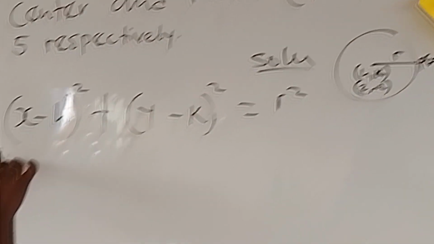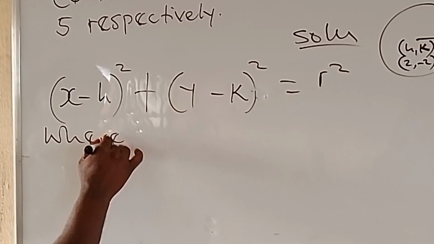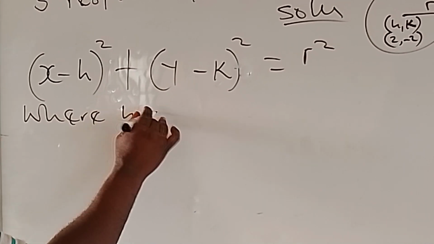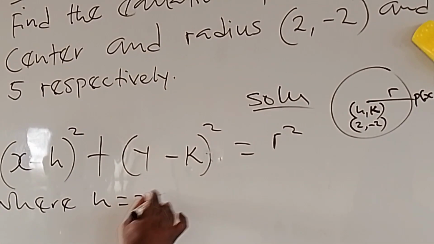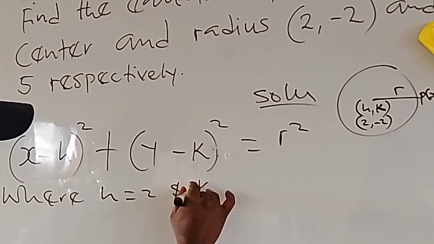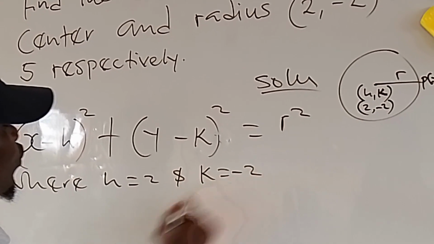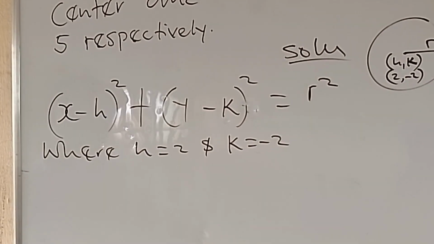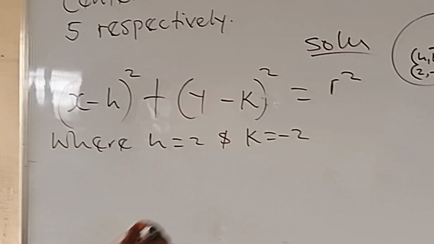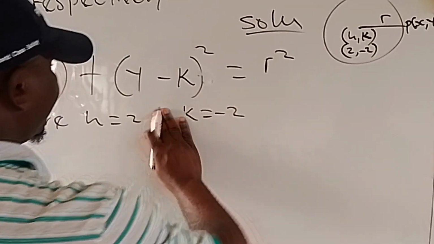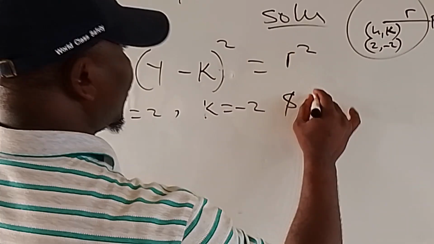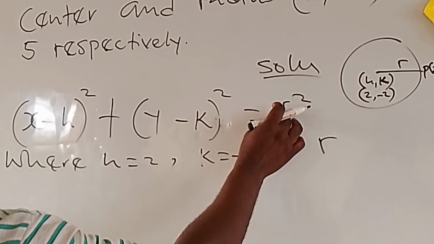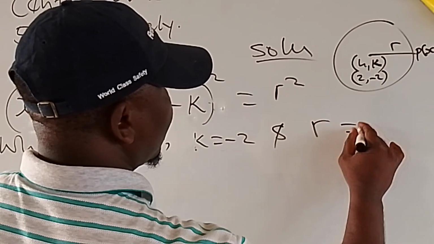So we now write, where h is equal to 2 and k is equal to minus 2. But our radius is 5, exactly equal to 5.